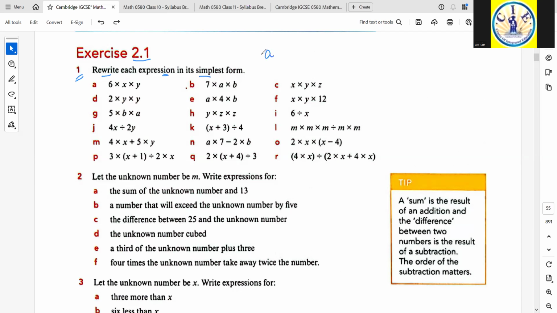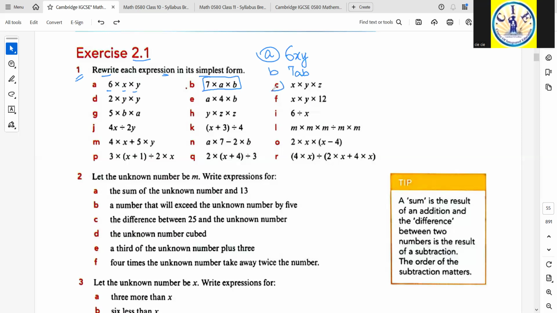For example, in part A, we see 6 being multiplied with x, which is being multiplied with y. So we can simplify it to be written as 6xy. That means that variables x and y are being multiplied with each other as well as with the constant number 6. Okay, now for part B, in the same way, 7, a and b are being multiplied, so we would write them 7ab.